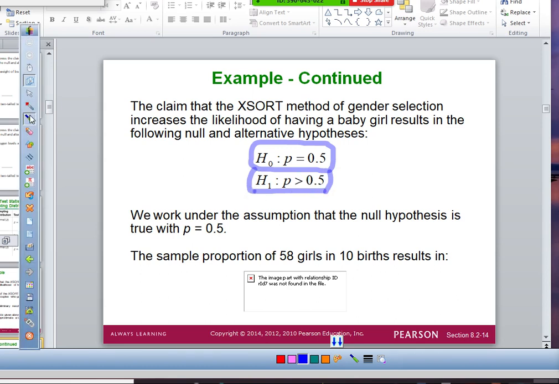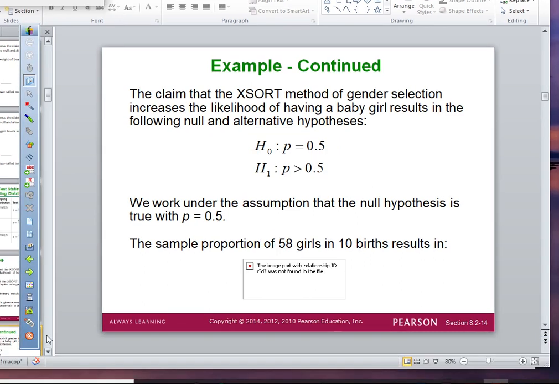So what we do is we're going to take our sample, 58 out of 100, and we're going to find the z-score. So 0.58 minus 0.5 divided by the standard deviation.